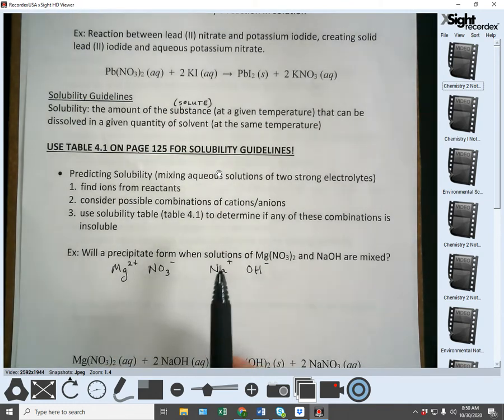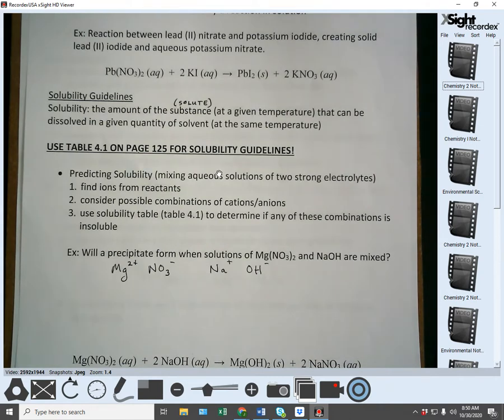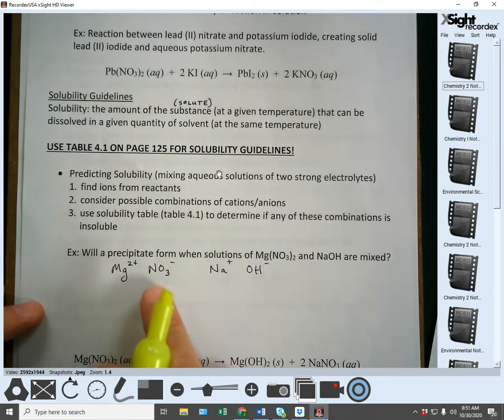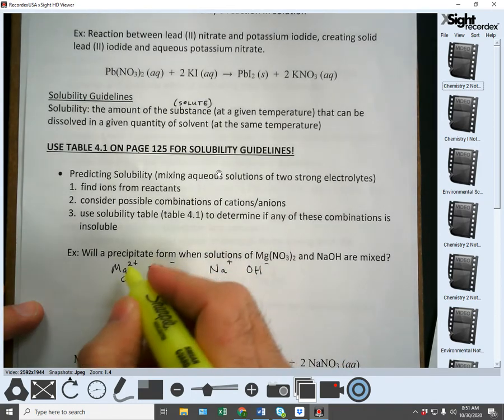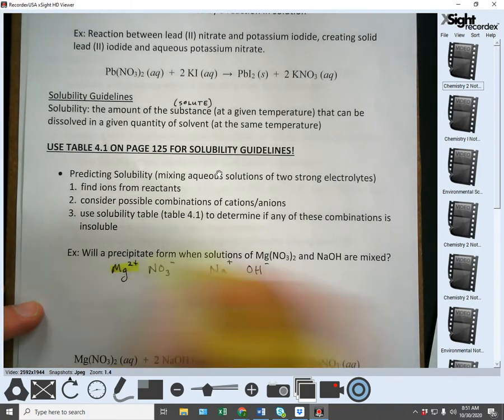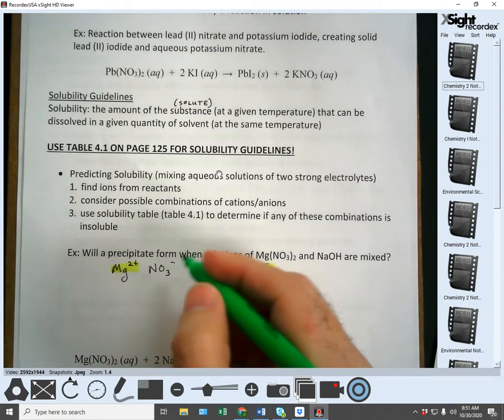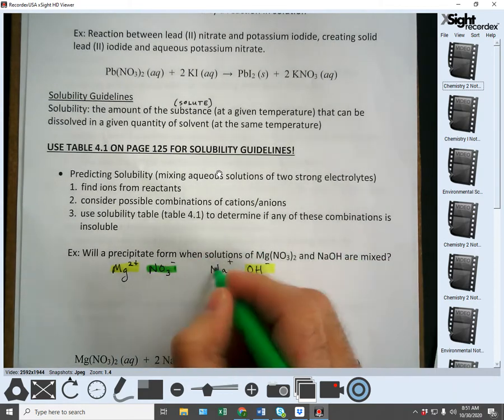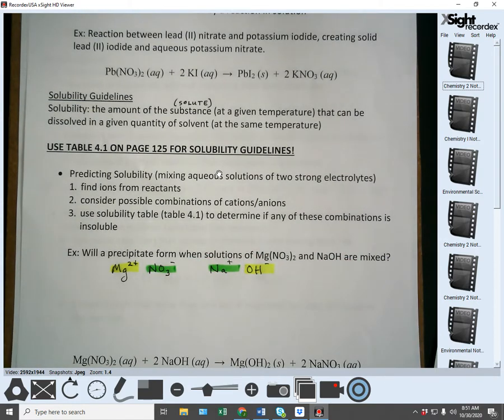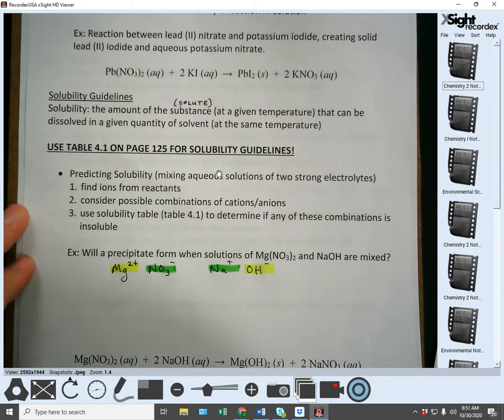Will a precipitate form? Well, the way to check that is we're essentially going to look at our anions and combine each with the other cation. So we look at Mg2+ and OH-, and see what that does. And we look at NO3 1- and Na+ and see what that does.